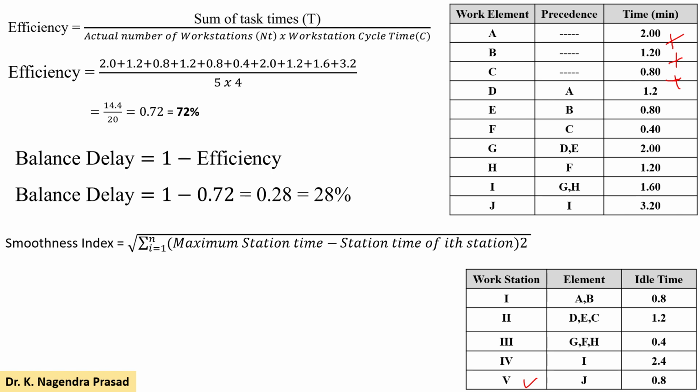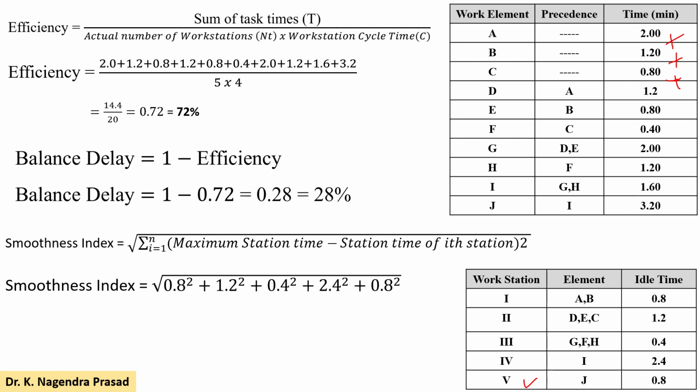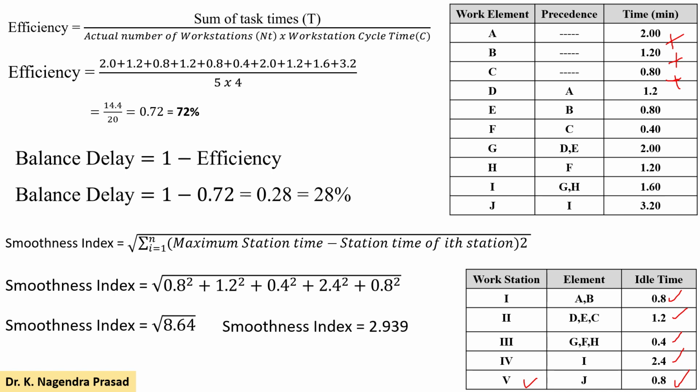So it is nothing but square root of summation of idle time square of each station, that is the root of 0.8 square plus 1.2 square plus 0.4 square plus 2.4 square plus 0.8 square. So its value is 2.939, and this is the solution, and thank you.